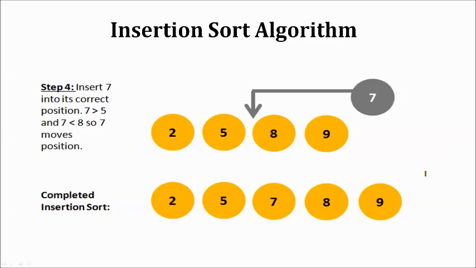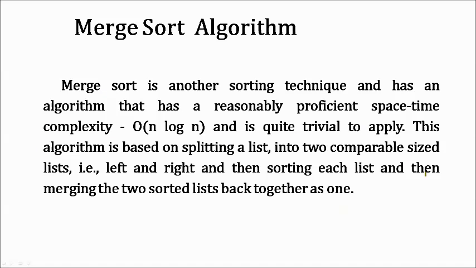Let me move on to the next topic, which is the merge sort algorithm. Again, merge sort is an external sorting method. Merge sort is another sorting technique with a reasonably proficient space-time complexity, O(n log n), and is quite trivial to apply.